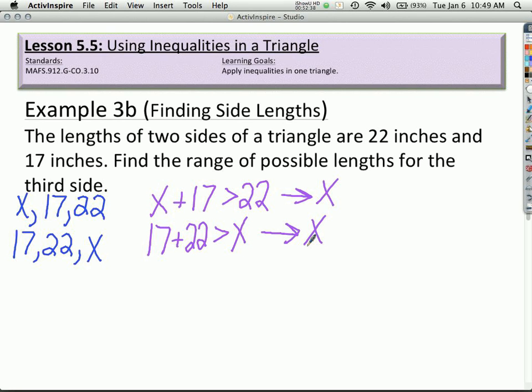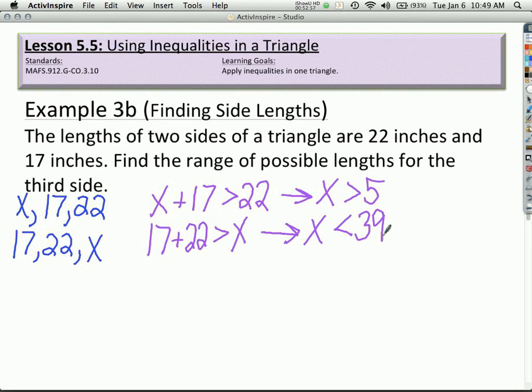It's all mental math. So, we get x is greater than 5, and that's a coincidence that it's the same as the previous one. That was not done on purpose. And then we get 39 is greater than x, or x is less than 39.